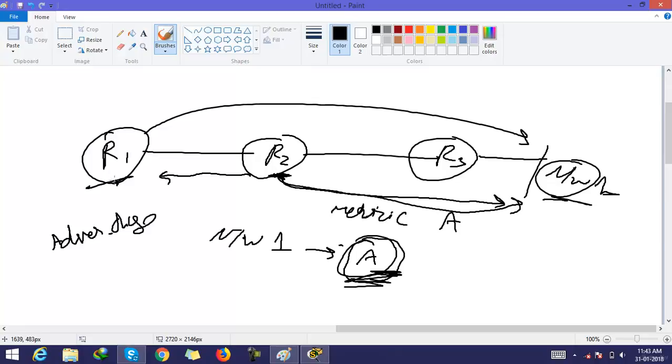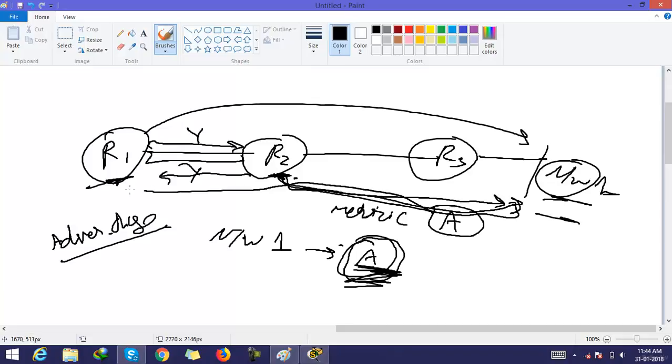For R1, the advertised distance for this network is A, and R1 knows the metric to reach R2. For example, the metric by R1 to reach R2 is Y. This metric is Y and this metric is A. That is known by R1 as the advertised distance.